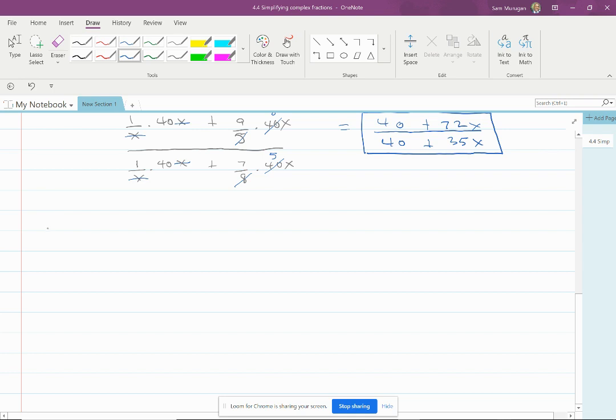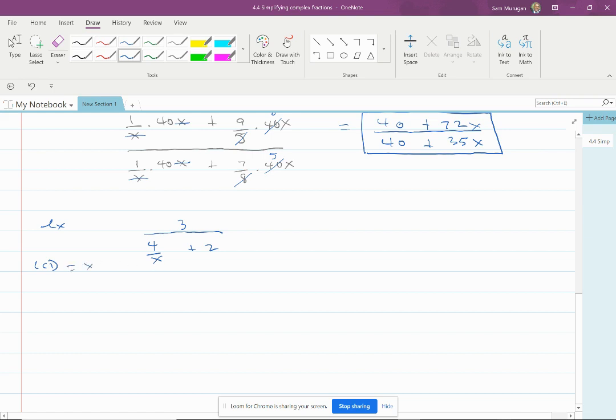Example. 3 over 4 over x plus 2. Again, the only LCD here is just one fractional denominator, x.